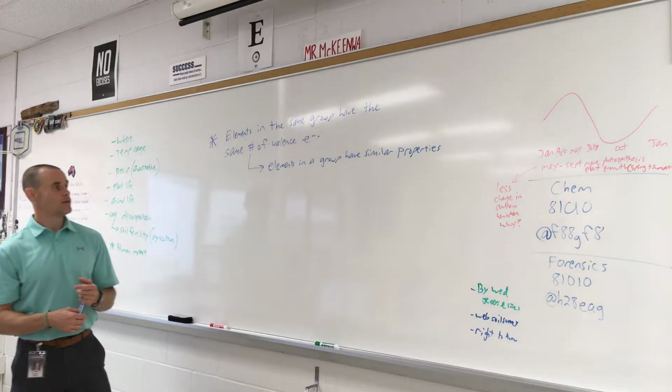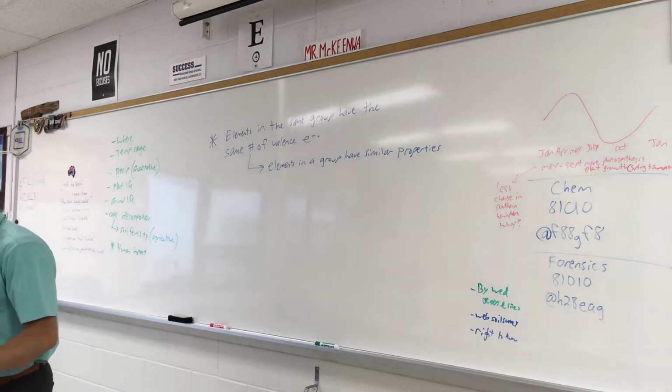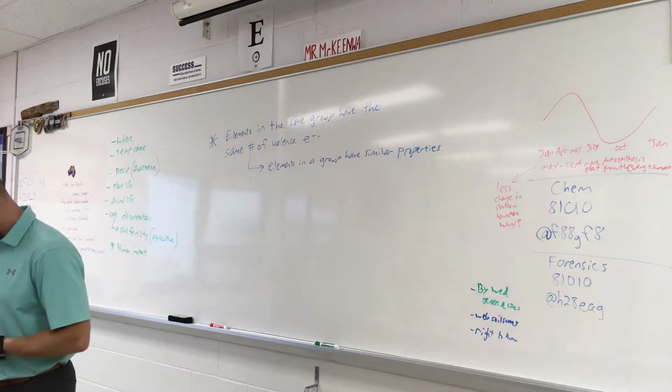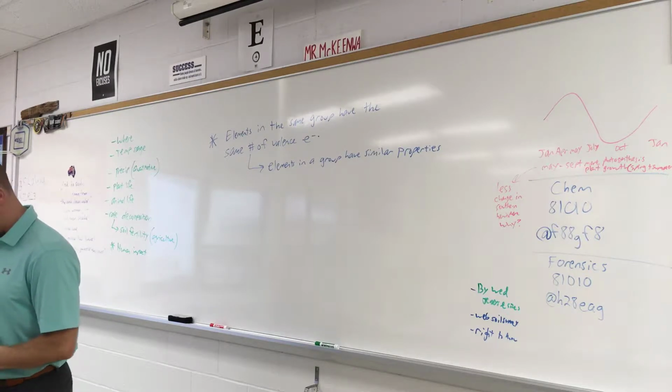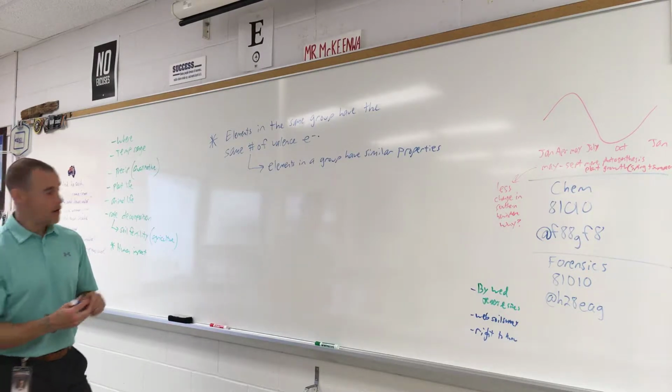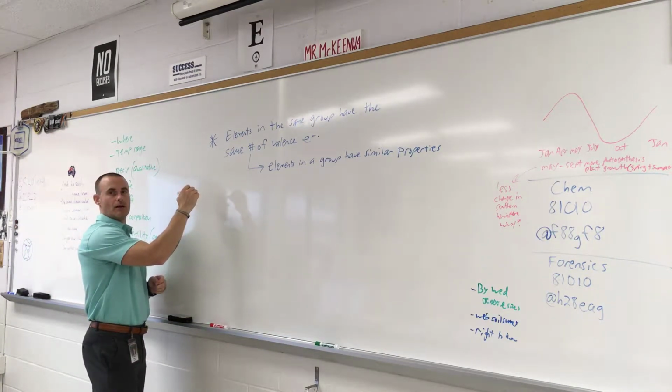Okay, so that was it for that. I just want to make sure I'm not forgetting something here. Well, you know what, we can do this first before we do the properties. As far as reactivity is concerned, let's do this here.